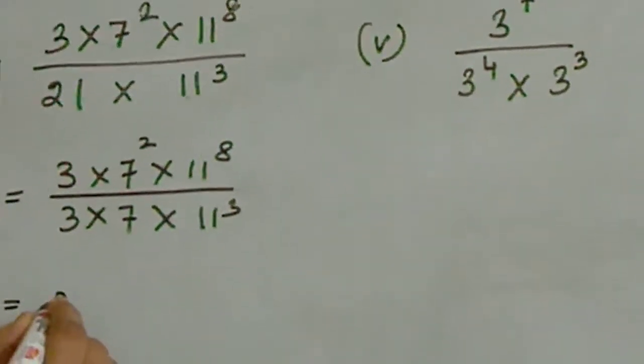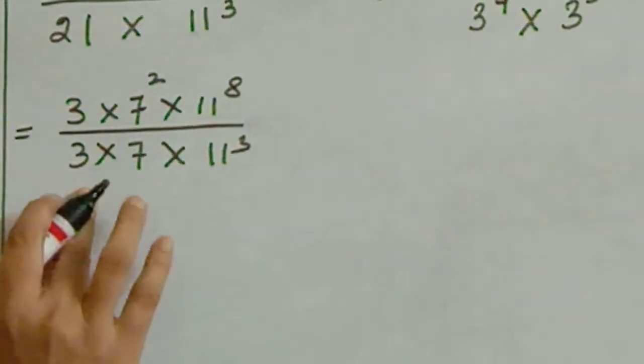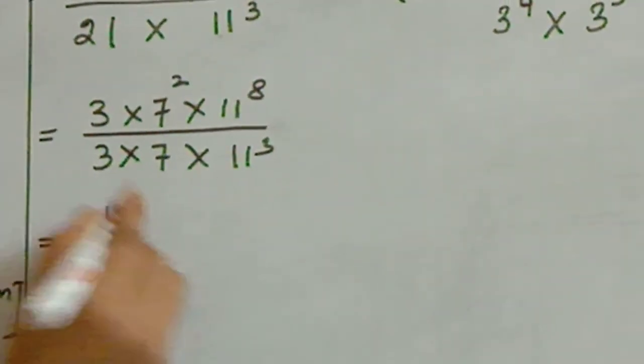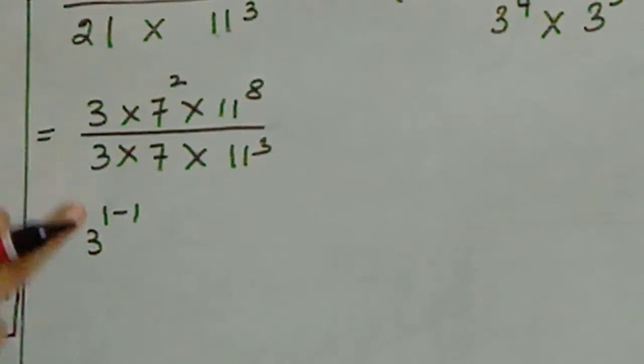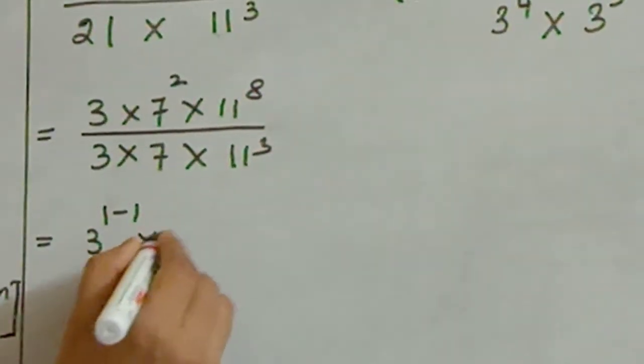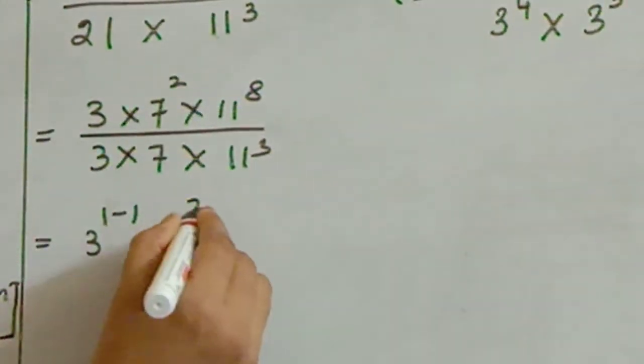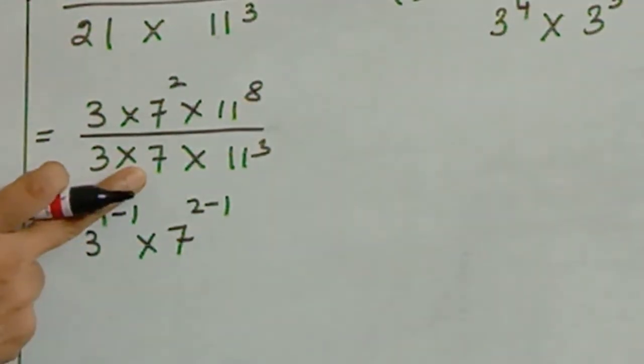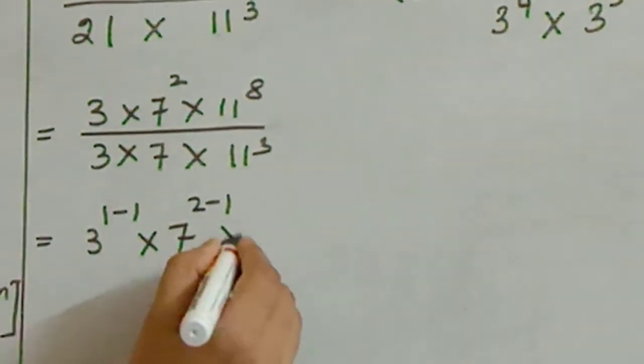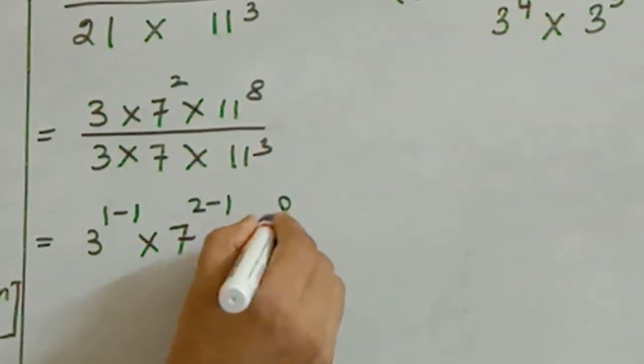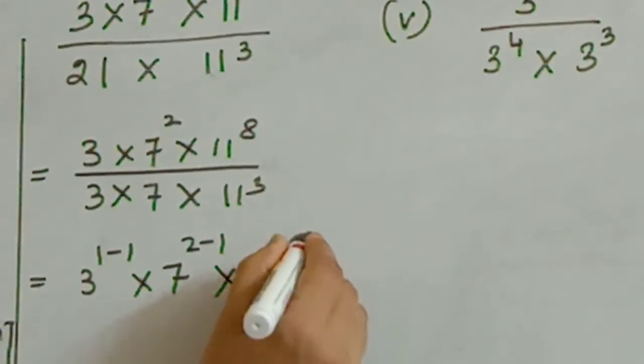So you will do 3 to the power 1 minus 1, here also power 1, here also power 1, so 1 minus 1, into 7 to the power 2 minus 1, here 7 to the power 1, into 11 to the power 8 minus 3.